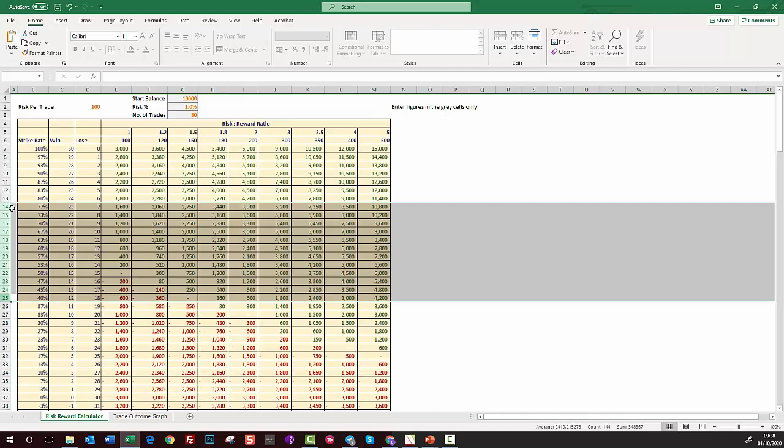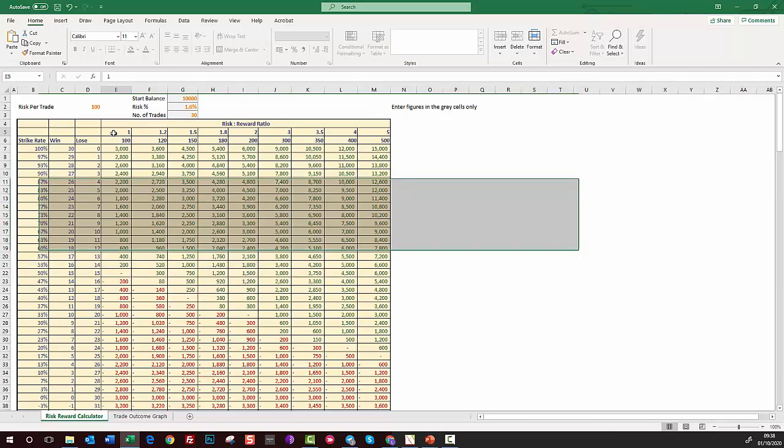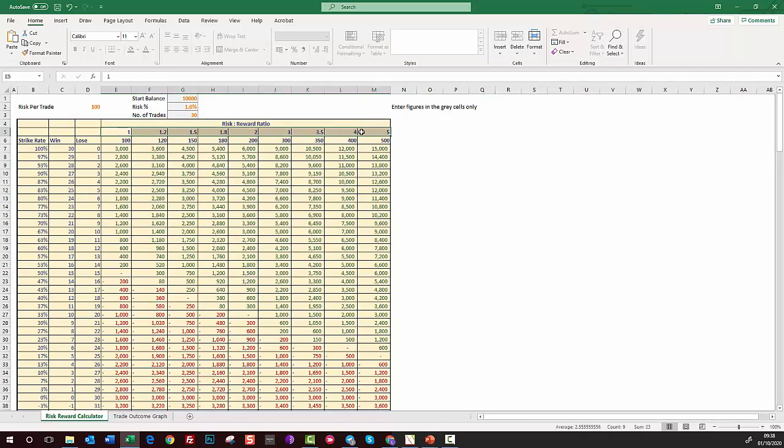So that's the range that I hit on a monthly basis. So you can see that I can't guarantee what I'm going to make per month because I've got no idea what my strike rate is going to be this month. There's lots of things that determine the strike rate of a system. You cannot control this, okay? But what you can control is the risk reward that you enter when you take any trade.